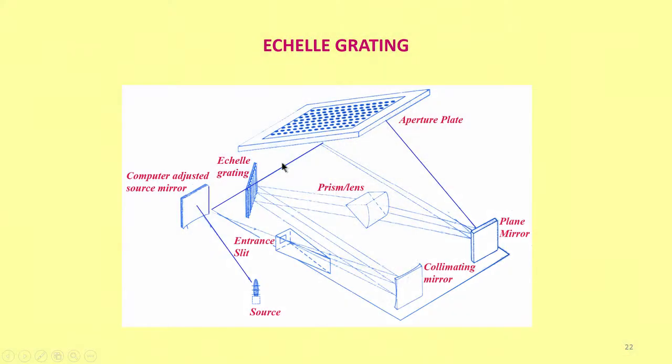Here we have very few lines in the grating, and we have a source here, computerized adjustment, mirror, and entrance slit, collimating mirror, and then the Echelle grating, and then I use a prism or lens to separate different orders coming from the grating, and then a plane mirror and the aperture plate. A detector has to be fixed on the aperture plate at different spots, what you see here. That is how the Echelle grating works.